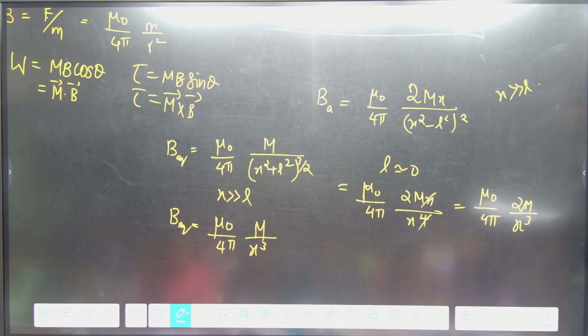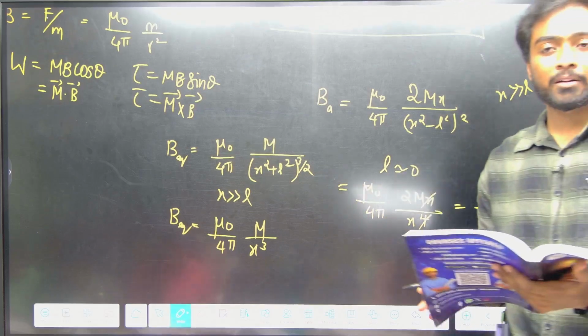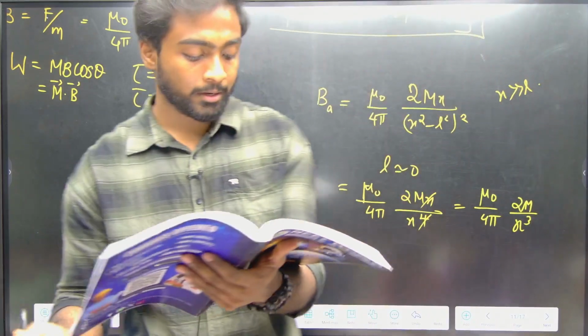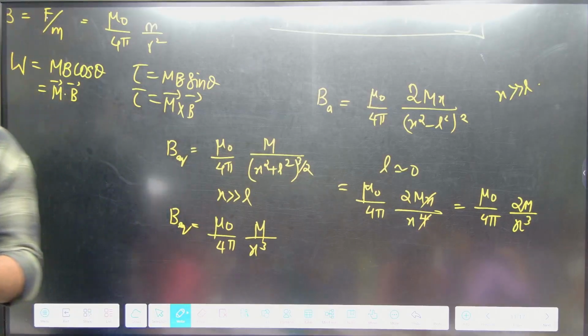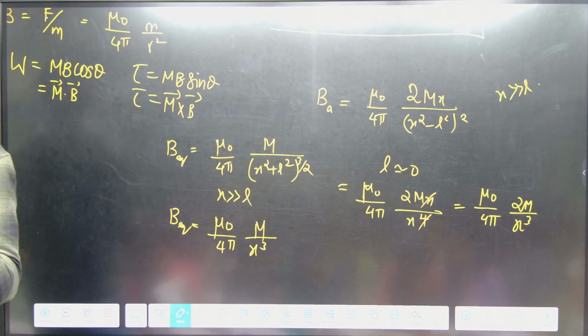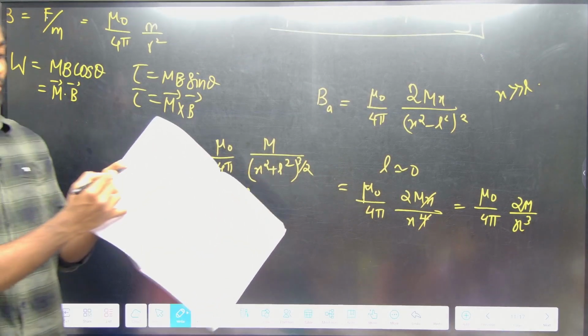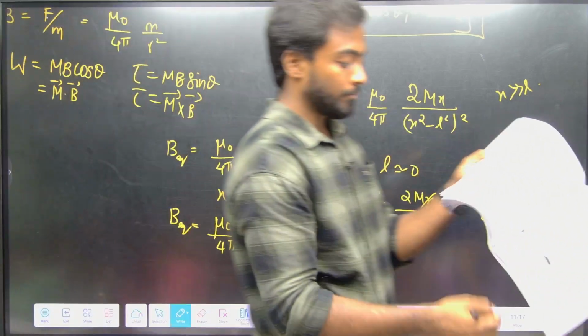The next formula is intensity. Magnetic dipole moment by volume of the magnet, or else dipole moment by area of cross section. Mark those. So time period and intensity.